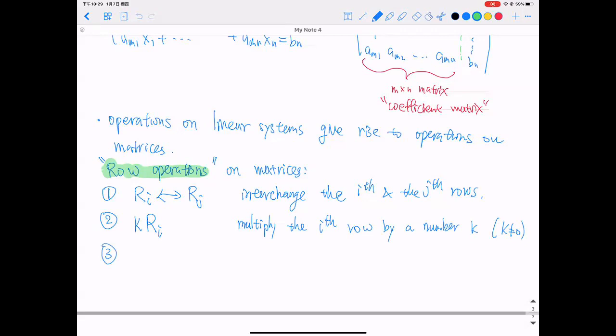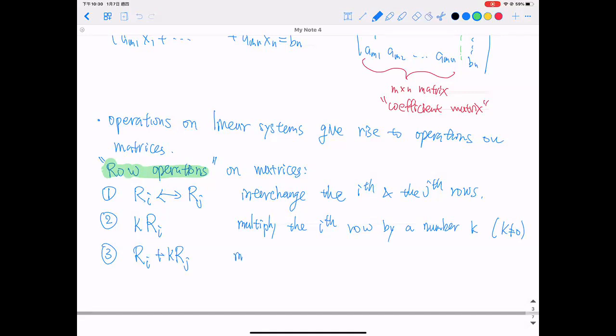And finally, just like the elementary operations for linear systems, we can take the jth row, multiply it by k, and add it to the ith row.